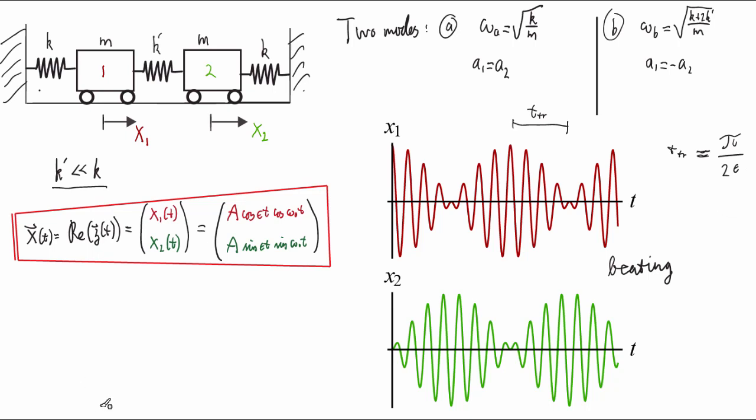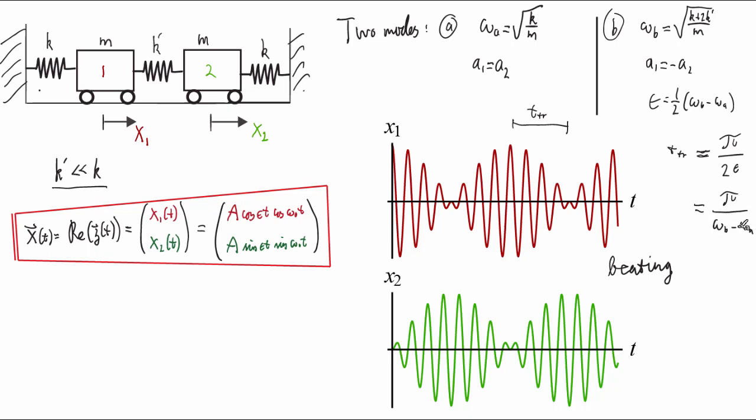To remind you, epsilon is just half the frequency difference between omega B and omega A. So the transfer time therefore is equal to pi divided by omega B minus omega A.